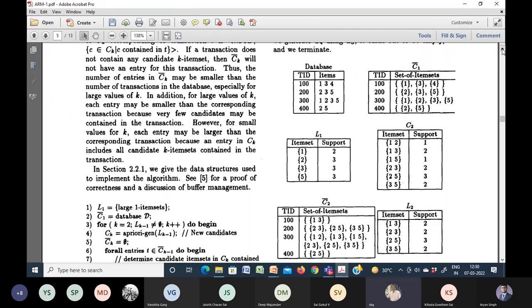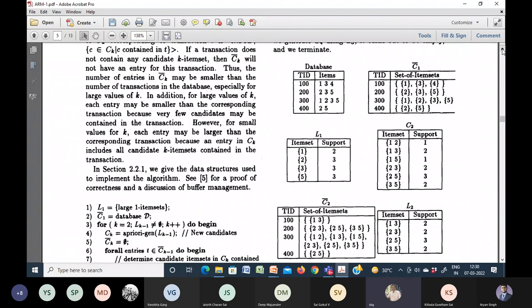Transaction ID 300 has items 1, 2, 3, 5, and 400 has 2, 5. Some items are repeated.